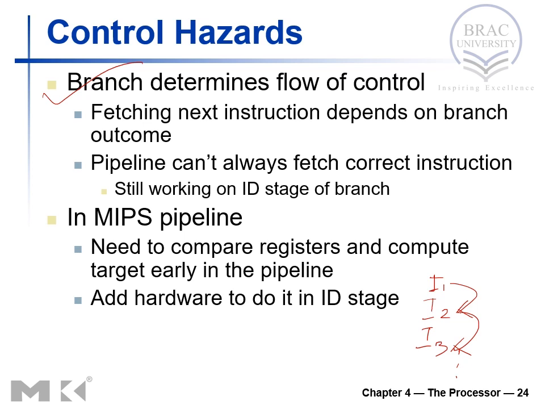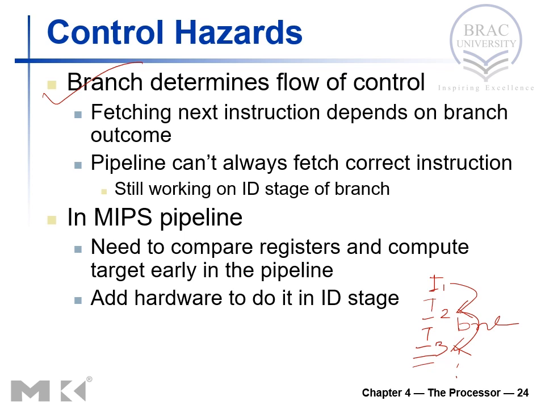But if we have a branch in between this, then we do not know for sure which instruction would be executed. Let's say in between instruction 2 and instruction 3 we have a branch instruction. So we do not know whether instruction 3 will be executed or some other instruction needs to be fed into the pipeline.